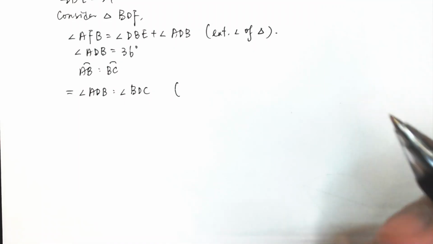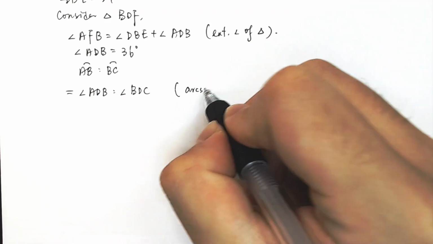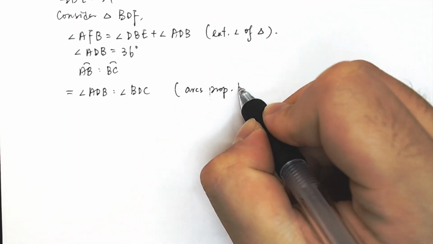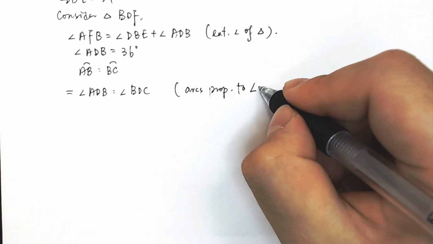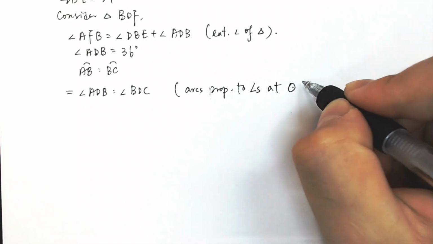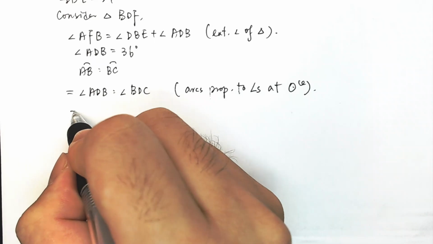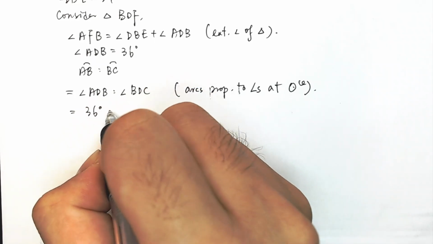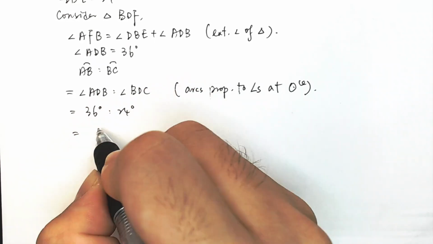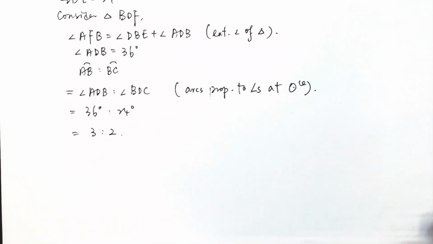The reference is arcs proportional to angles at the circumference. And thus it is 36 degrees to 24 degrees, so it's 3 to 2. Okay? So this is example 2.